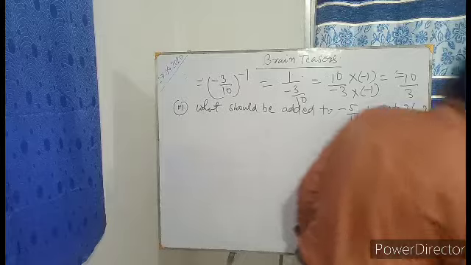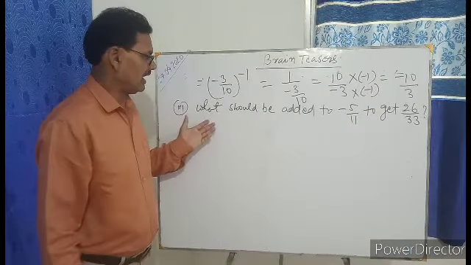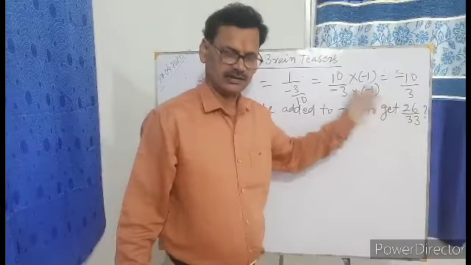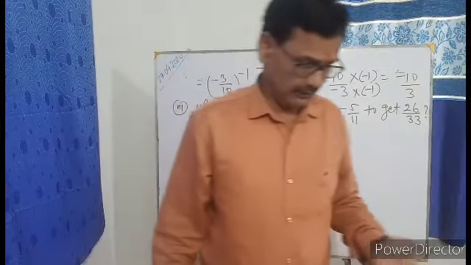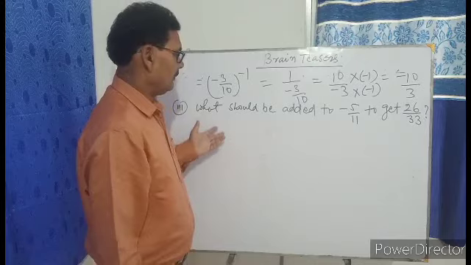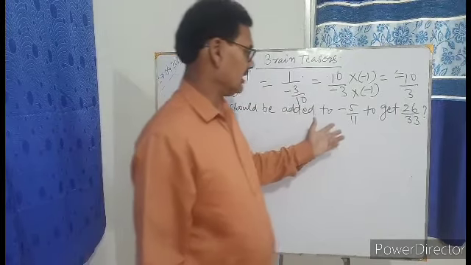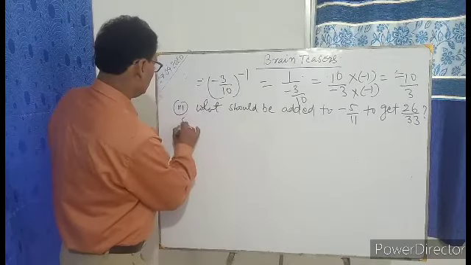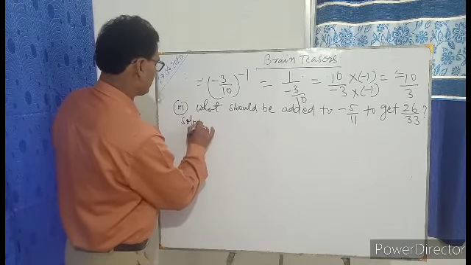Question is asking, what should be added to minus 5 by 11 to get 26 by 33? Okay, so here, minus 5 by 11 में कितना जोड़ेंगे कि 26 बटे 33 होगा. Okay, so let us have the solution.